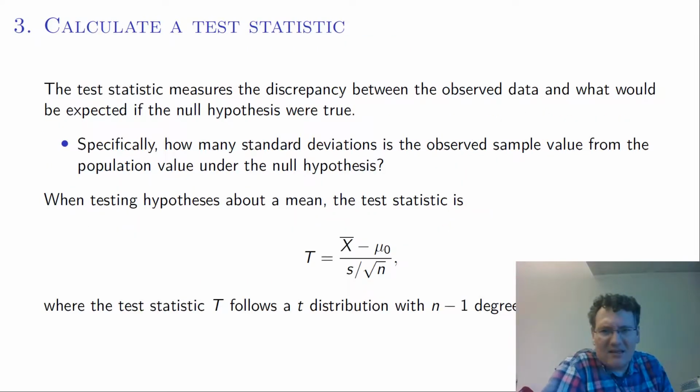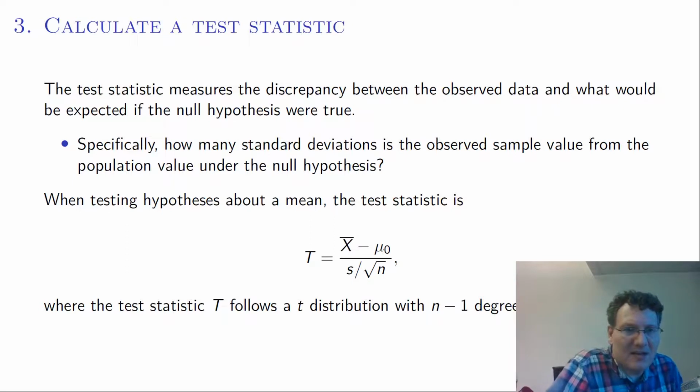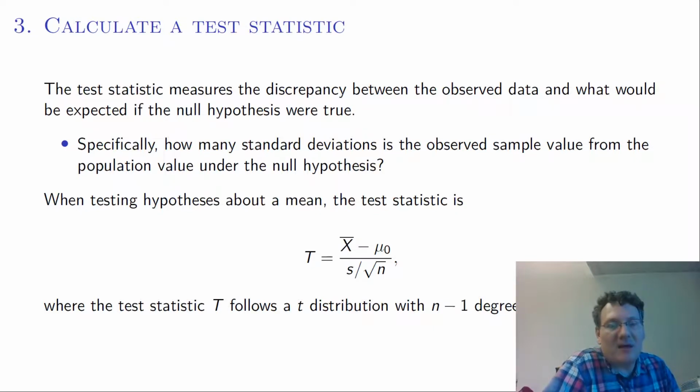The test statistic really varies from hypothesis test to hypothesis test. Let me put it this way: the test statistic that we need depends on the type of test we're doing. So if we're testing the population mean, our test statistic will be a t statistic, which is calculated using this formula: x bar minus mu naught over the sample standard error.